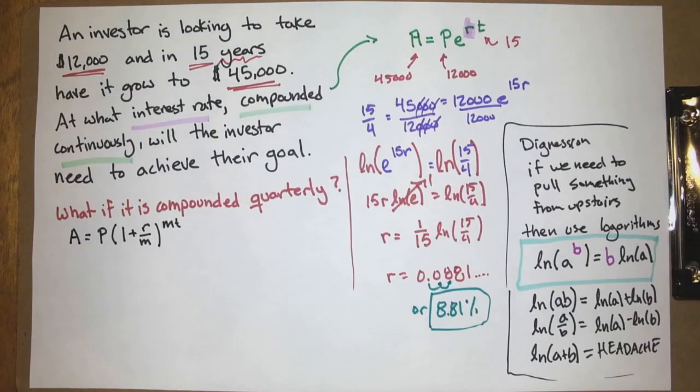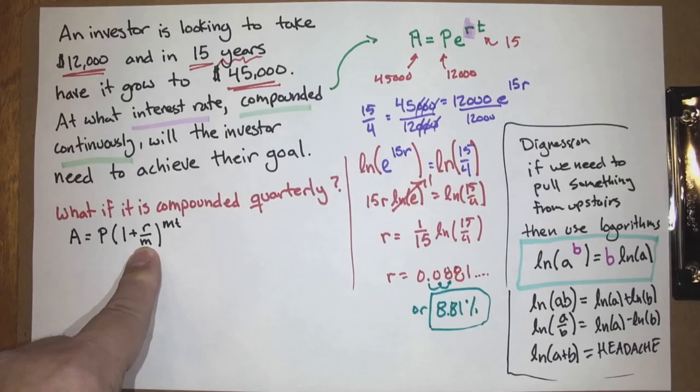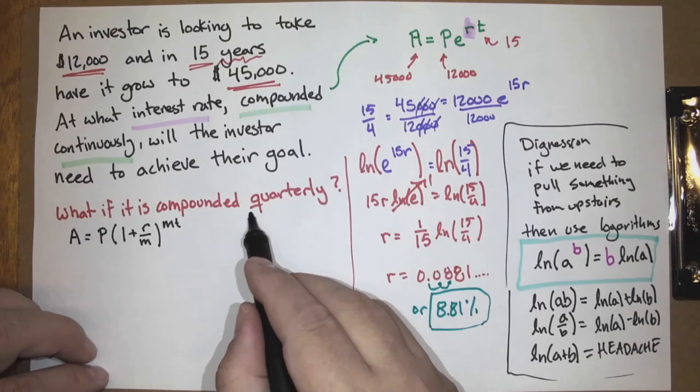No, it's the same P. But we have one new symbol, M. What's M? What does this M represent, either as a number, or what is it representing? 4. Yes.